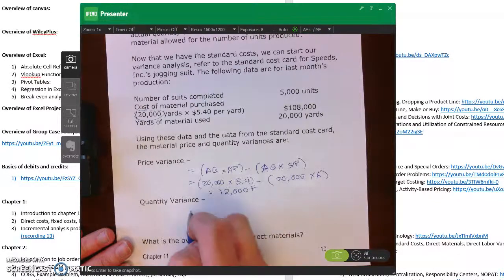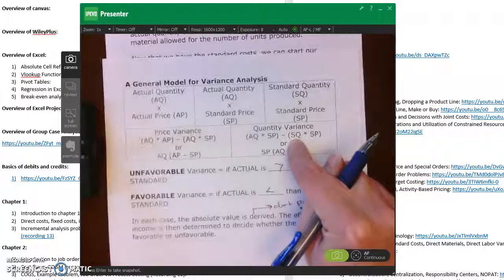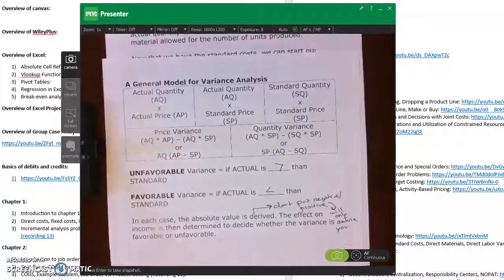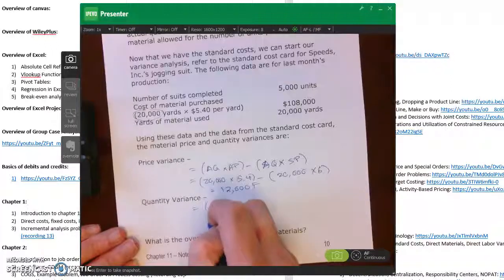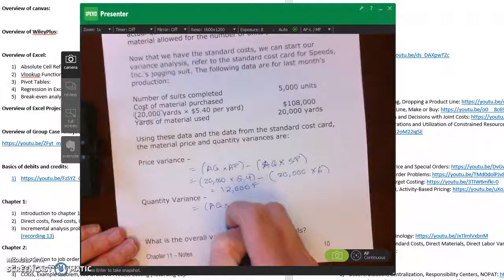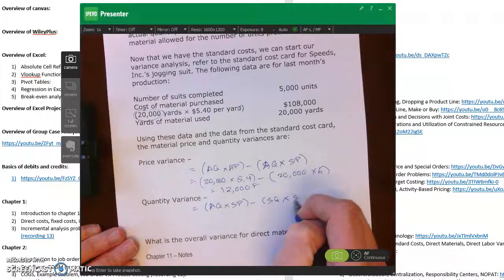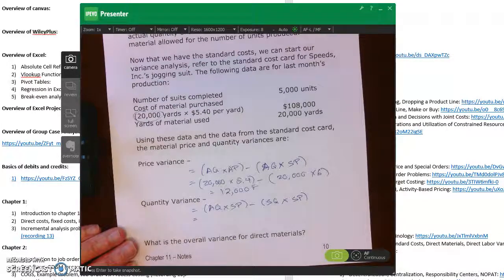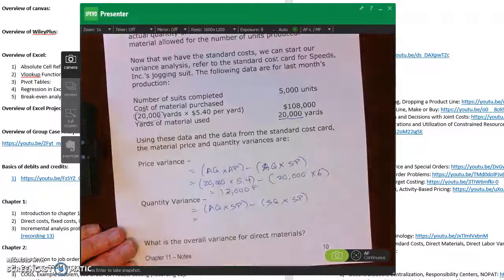Okay? Now when we do our quantity variance, we're going to use our quantity variance formula, which is this one: AQ times SP minus SQ times SP. I'll come over here and I'll go my AQ times my SP minus my SQ times my SP. Now in this case, when I'm talking about actual quantity, I'm talking about the number of yards used.